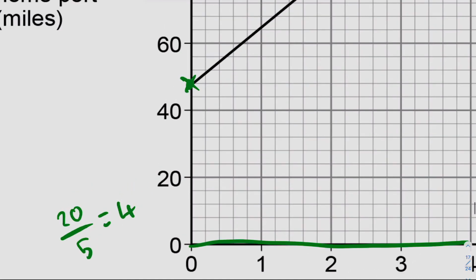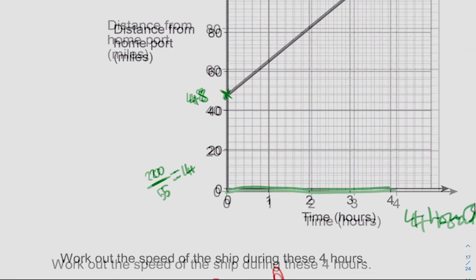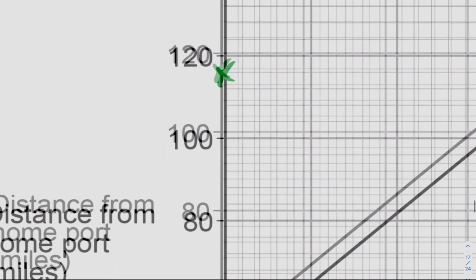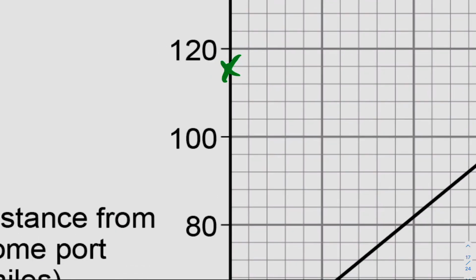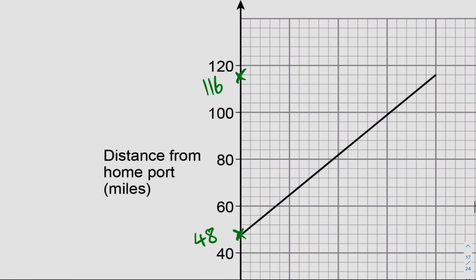So our point here is going to be equal to 40 plus 2 times 4. So that is equal to 48. So this point is 48 miles. We then do the same for our second point up here, but this time it's 120, take away 1 square, so this leaves us with 116 miles.